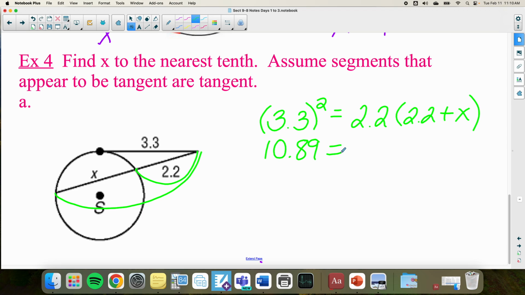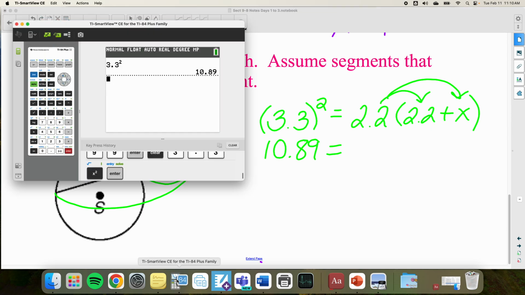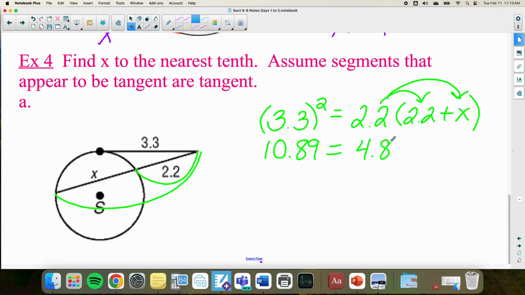Okay, and then here we distribute 2.2 times 2.2 is 4.84. And then 2.2 times x is just 2.2x.